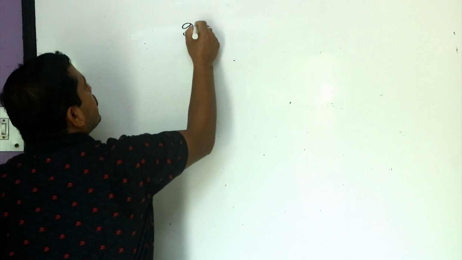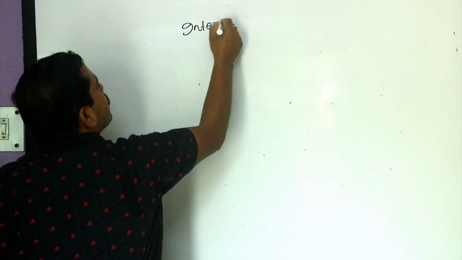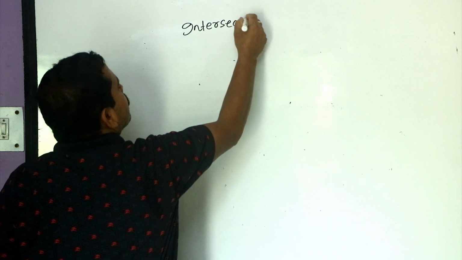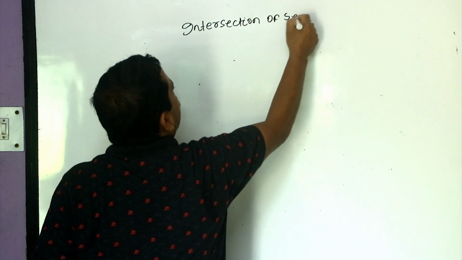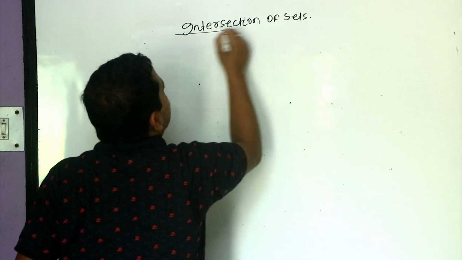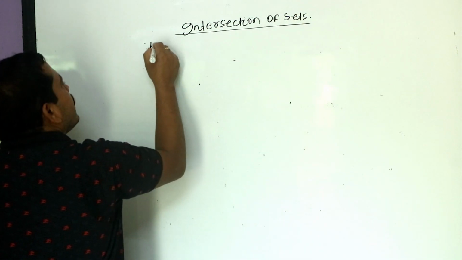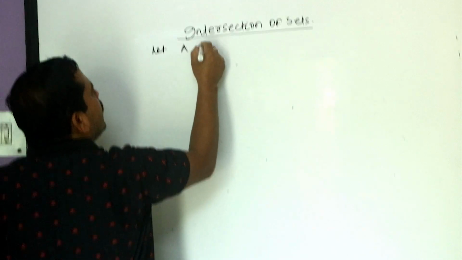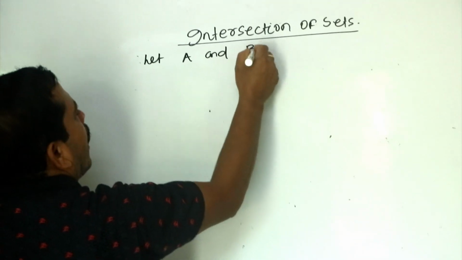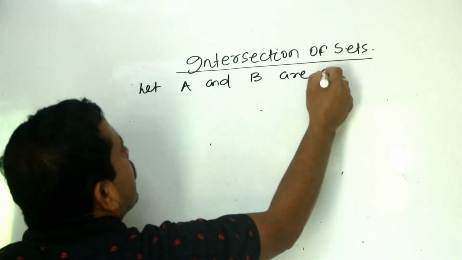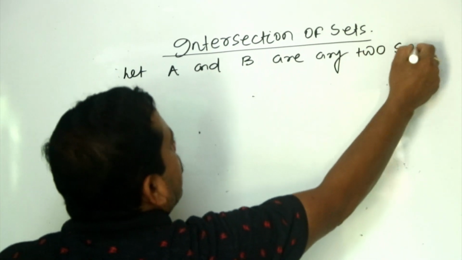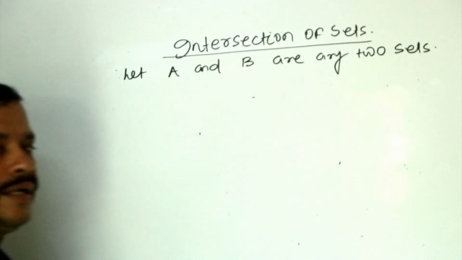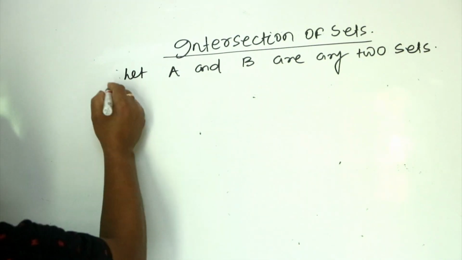Intersection of sets. Let A and B be any two sets.